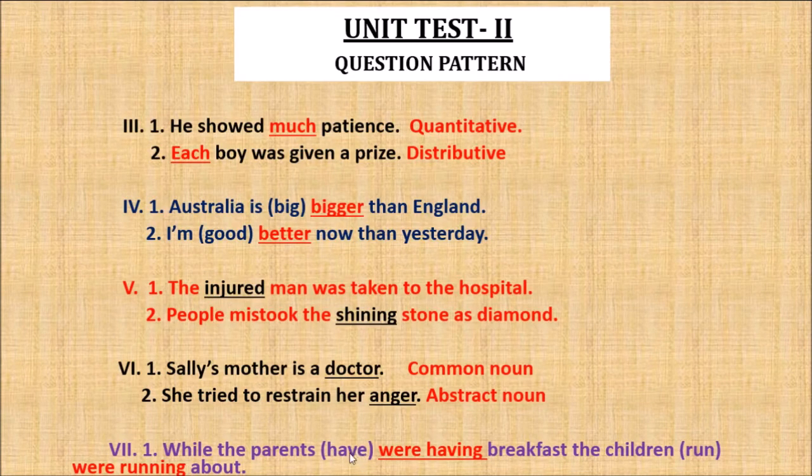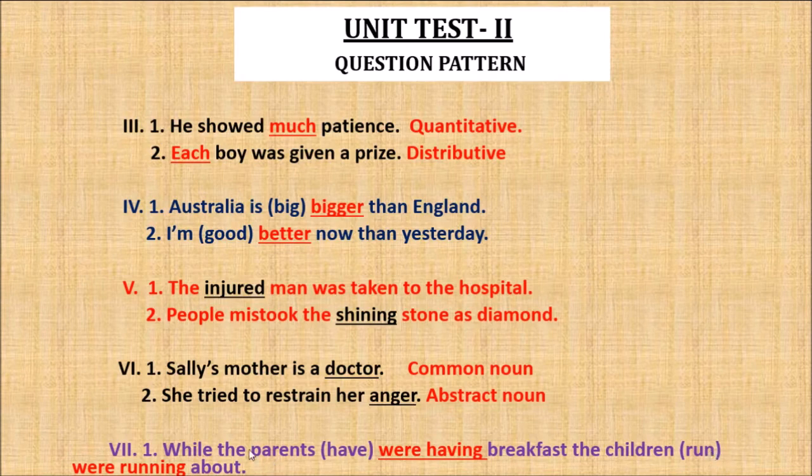You have to change this verb into the correct form and answer it in the dashes. For example, the question will be asked as: while the parents dash breakfast, the children dash about. So you have to change this have or run into the correct form of tenses.